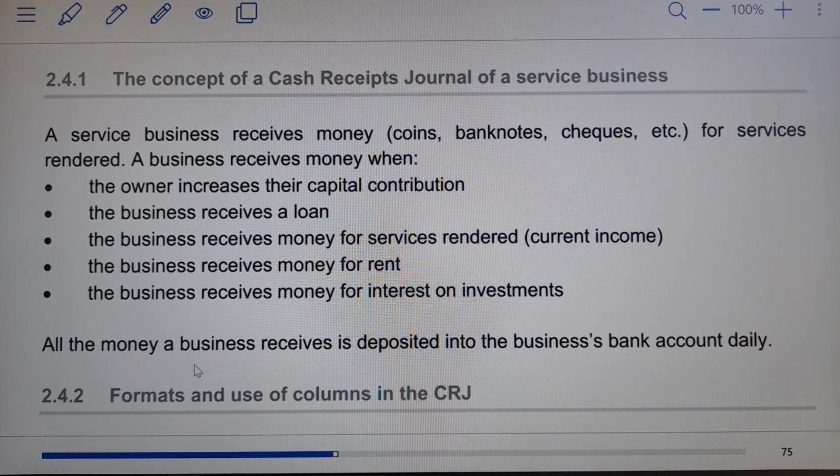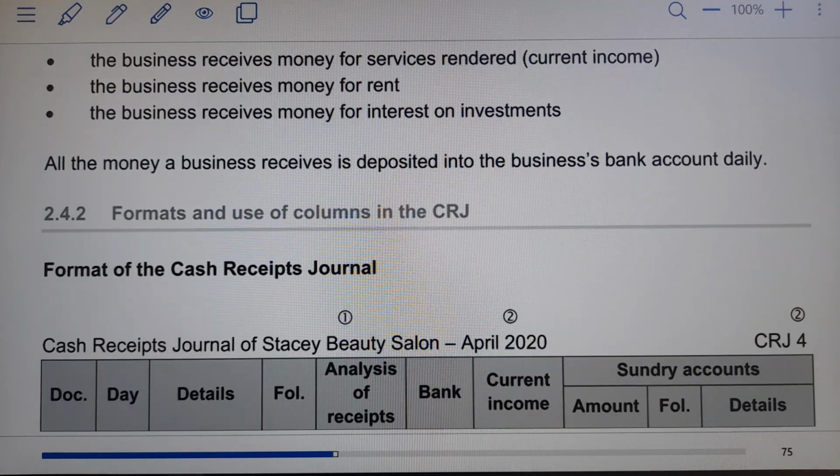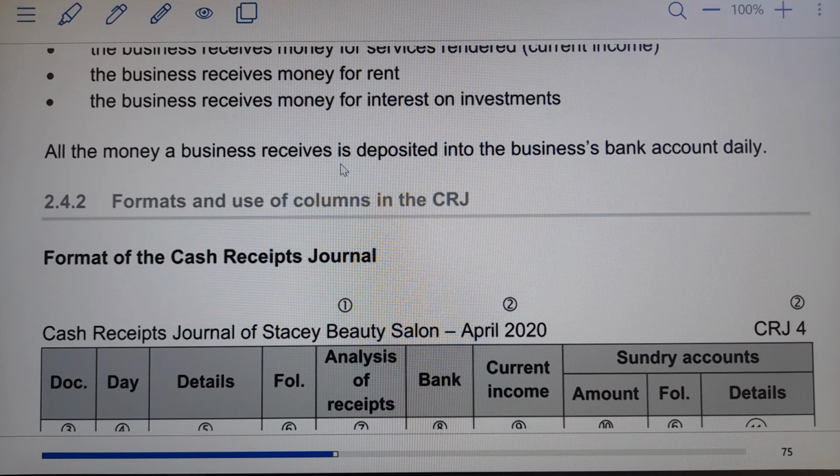All the money a business receives is deposited into the bank account. So please know the 5 ways in which a business can receive money. I will personally ask you this question, not in the exam, but I will ask you this question, so you need to know this. All the money the business receives is deposited into the bank account daily.